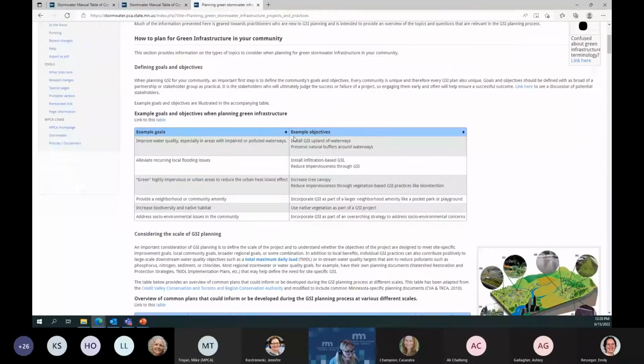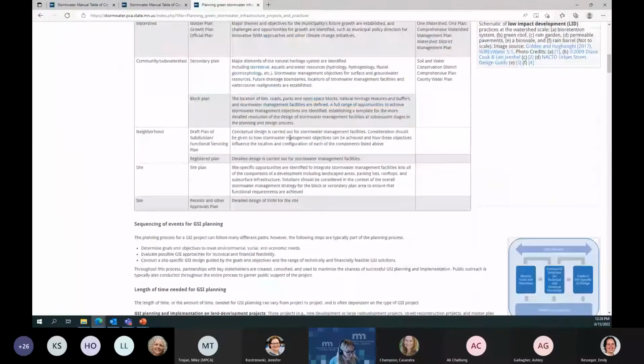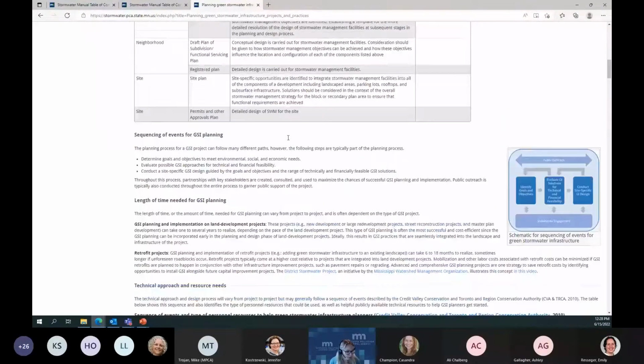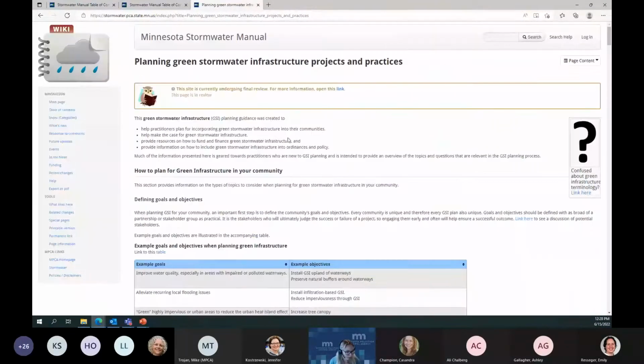It also goes into roadblocks that people may face during the planning phase, any permitting things to consider, public outreach, things like that. So hopefully that will be reviewed shortly, and then it'll be in its final stage.